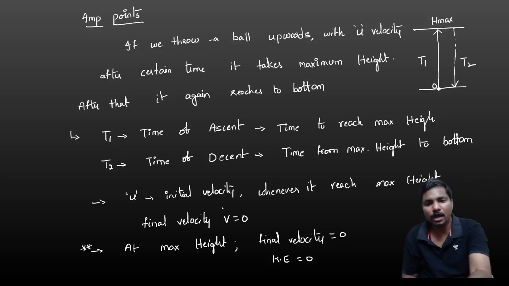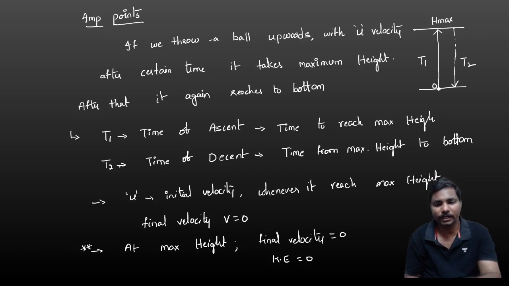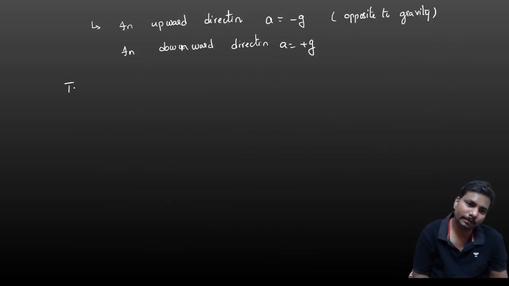Now we have total time, t1 and t2. Total time is equal to t1 plus t2, that is equal to 2 into t1 or 2 into t2. Why?